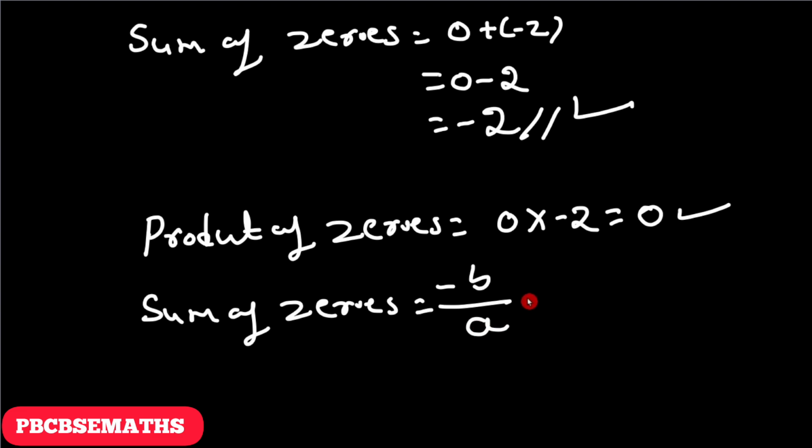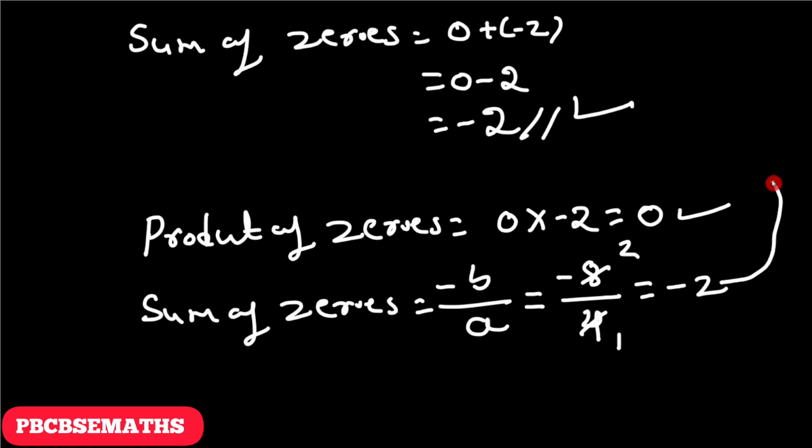So here in this quadratic polynomial, coefficient of x is 8. So minus 8 divided by coefficient of x square, which is 4. So 4 ones are 4, 4 twos are 8. So the answer we get is minus 2. So we can say that the sum of the zeros is correct.